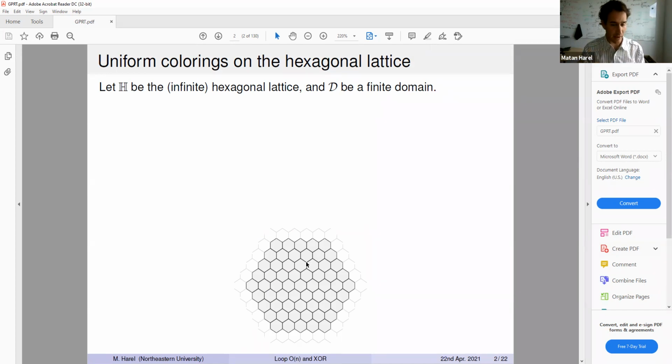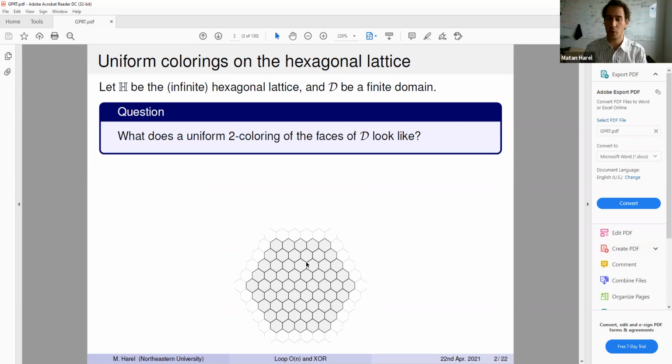But before I define them, I'm going to ask what is probably a very simple question, which is, what do uniform two colorings look like? So imagine that I go by the faces and just consider a uniform measure, that is, each one of all possible two colorings of the faces is going to be equally likely. When I say two colorings, I don't mean proper two colorings, because adjacent faces can be the same color.